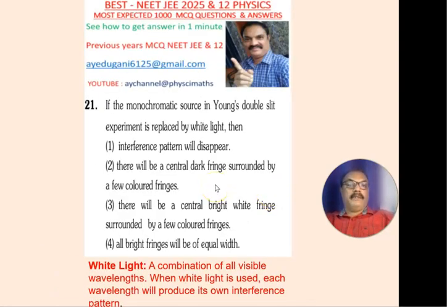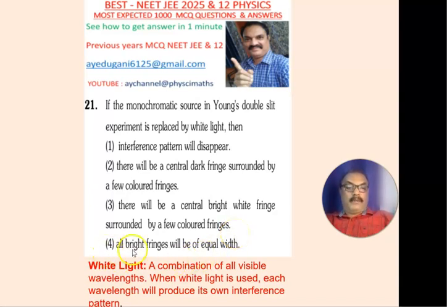Next question is, if the monochromatic source in Young's double slit experiment is replaced by white light, then option 1, the interference pattern will disappear. Option 2, there will be a central dark fringe surrounded by a few colored fringes. Option 3, there will be a central bright white fringe surrounded by a few colors.